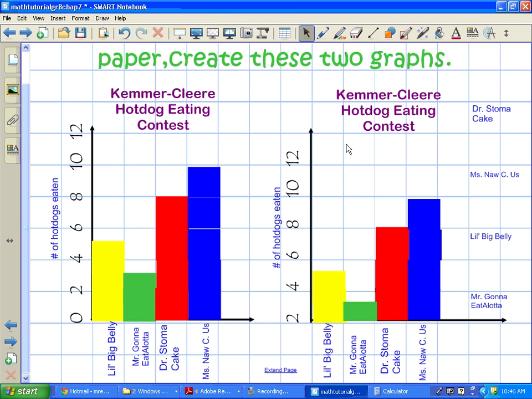If we change the scale to start at 3, then we could cover that up. And look what would happen if we started at 3. It would look like Mr. Gonna Eat a Lotta wouldn't have eaten any. So you could change the scale on a lot of graphs to make them look whatever way you want.